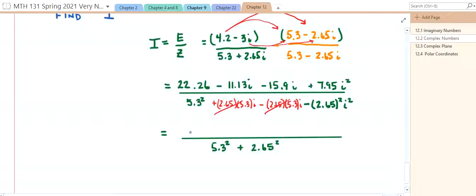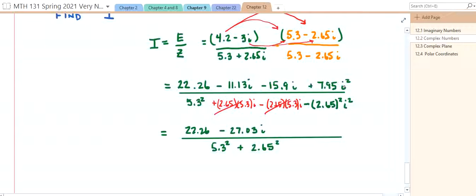In the top, we're going to end up with 22.26, and then minus 11.13 minus 15.9 is going to be minus 27.03i.